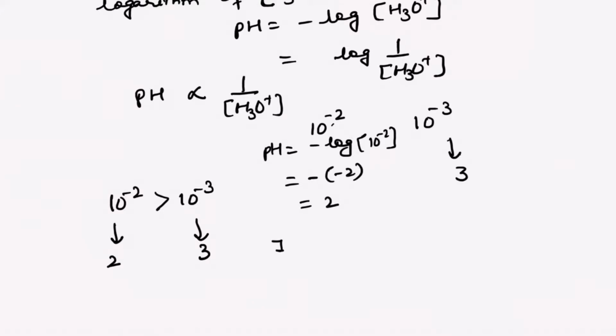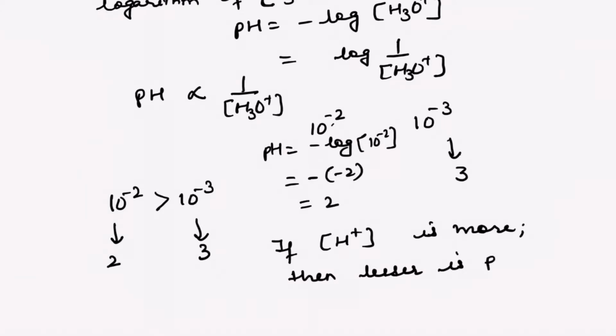So we can generalize this, that hydrogen ion is the same as hydronium ion. If hydrogen ion concentration is more, then lesser is the pH, or vice versa, right?